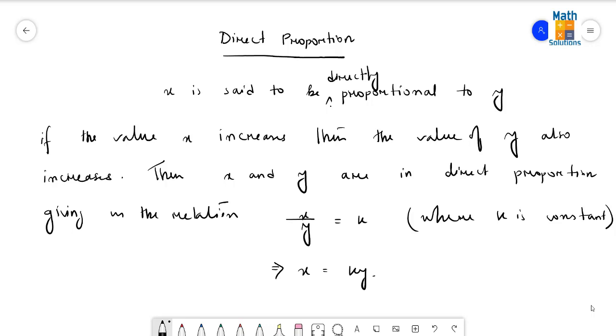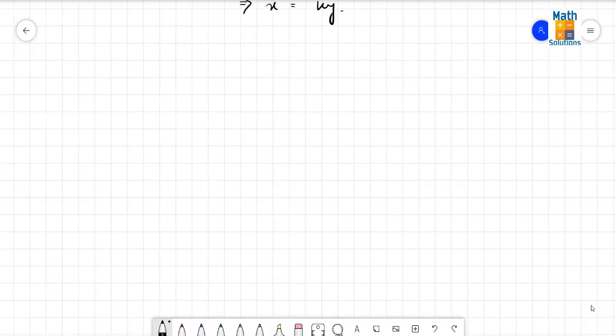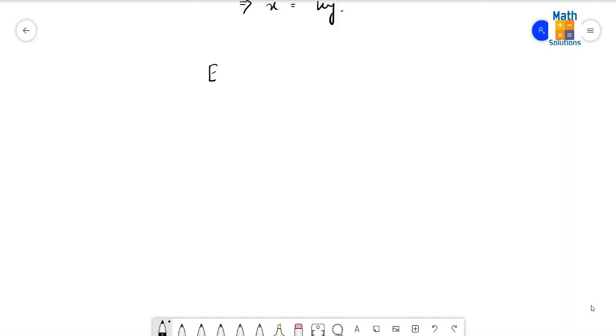So we shall now proceed with the exercise questions. Exercise 13.1 we are going to start with. The first question. What does the first question say?